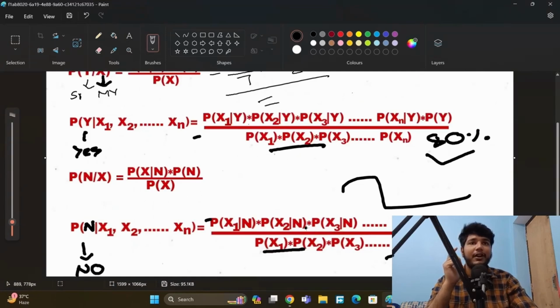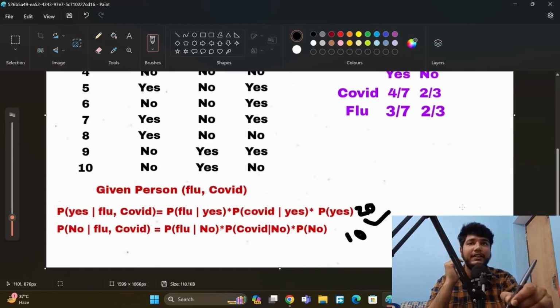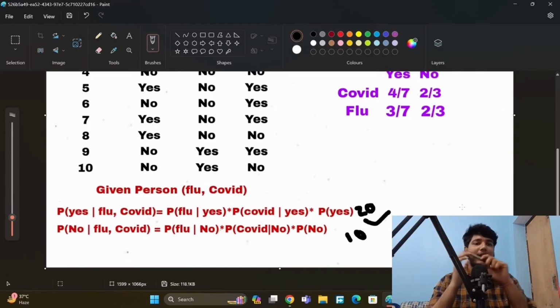Second, we check whether this person does not have fever, using the same formula. Whichever percentage is higher will be right. For example, if one is 20% and the other is 10%, then the prediction is that he has fever.